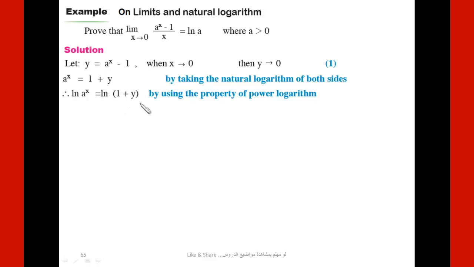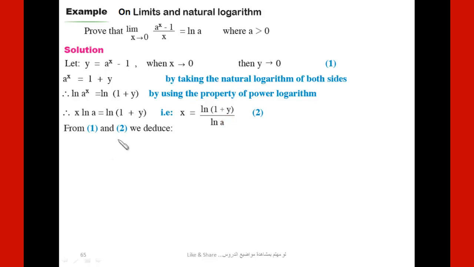By using the power property of the logarithm, with x as a power, we can write x ln a equals ln 1 plus y. And from this, we find x equals ln 1 plus y over ln a. This is equation 2.